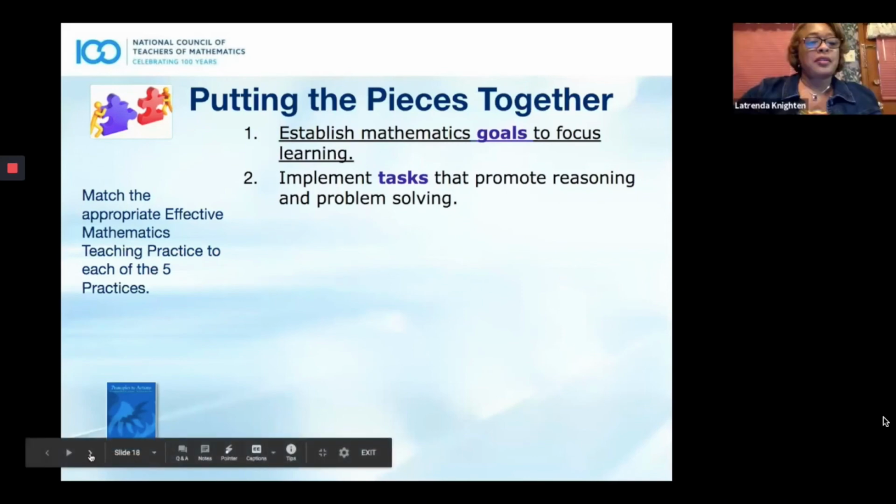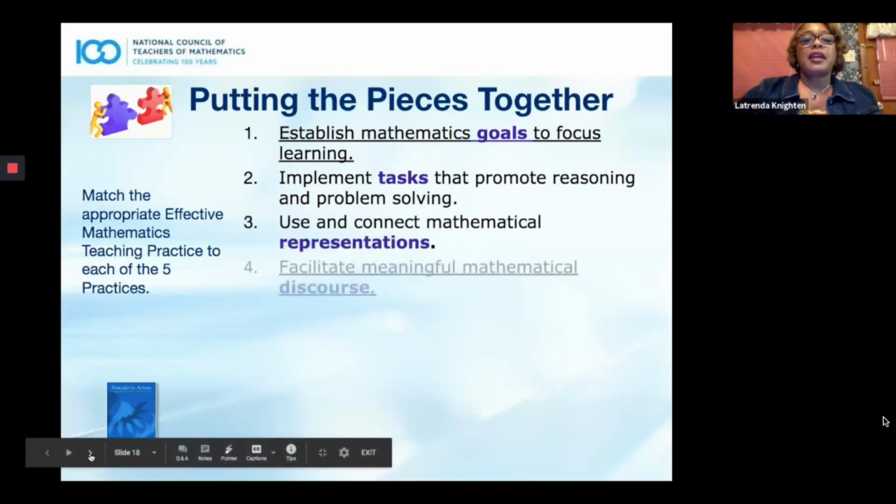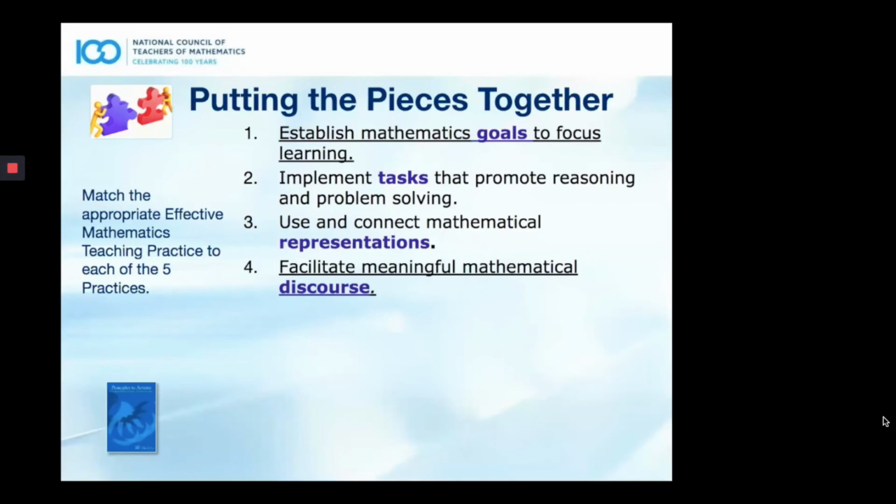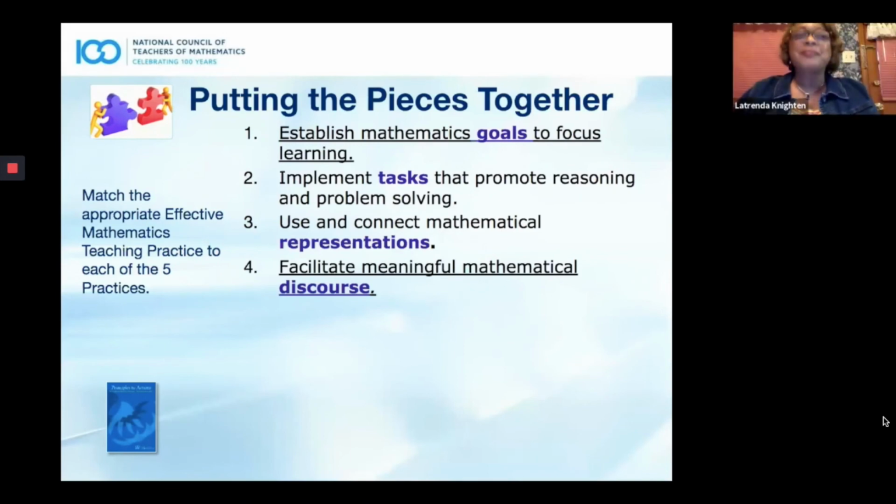I'm going to skip to, let's look at number 4, because of course we're talking about discourse. Facilitate meaningful mathematical discourse. When we think about that effective teaching practice, which of the 5 practices are aligned to this effective teaching practice? So Lisa says 2 to 4. 2 to 4, okay.